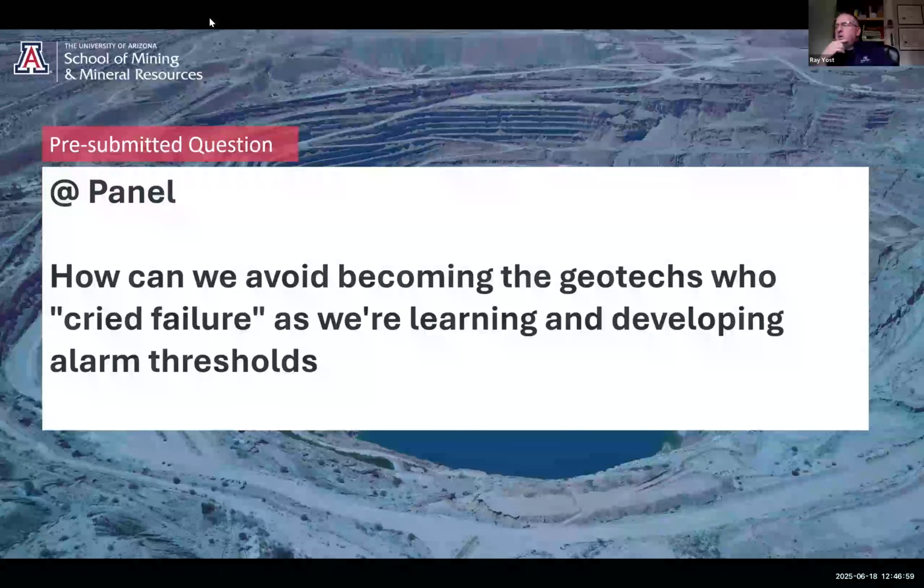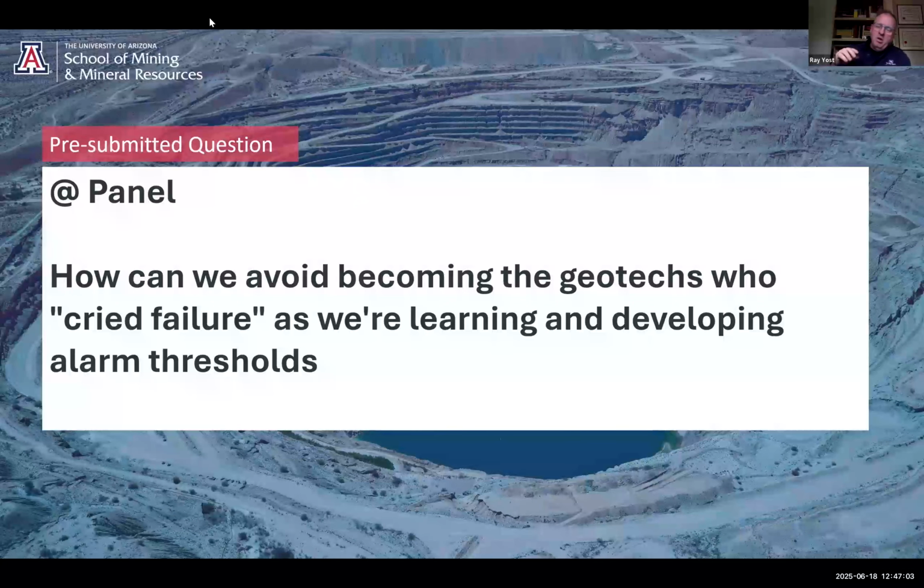Another piece to that too, and it speaks into this sort of trial and test that Bob was talking about, is you don't have to turn on the alarming function right off the bat. We've done it where we've had a staged implementation, where it's a small group of people and then a broader group of people and then finally site-wide, so that we understand: what's the rate of false alarms?